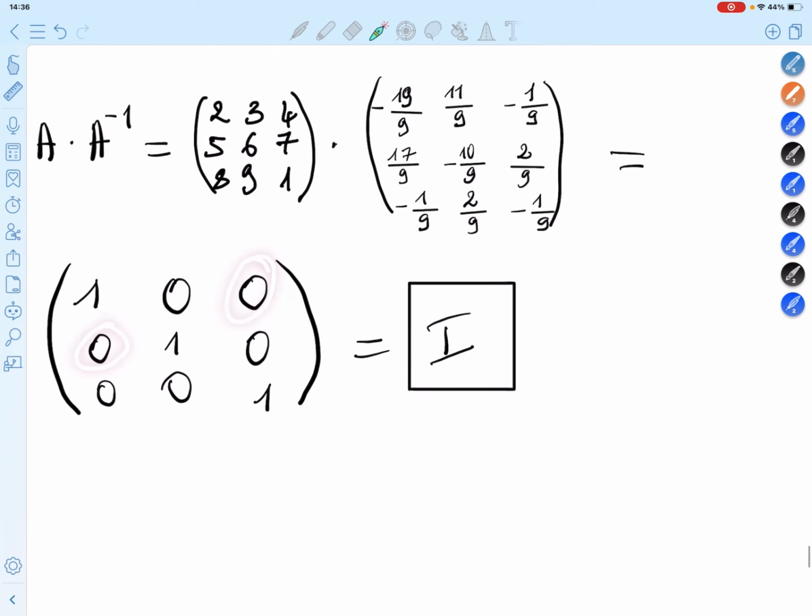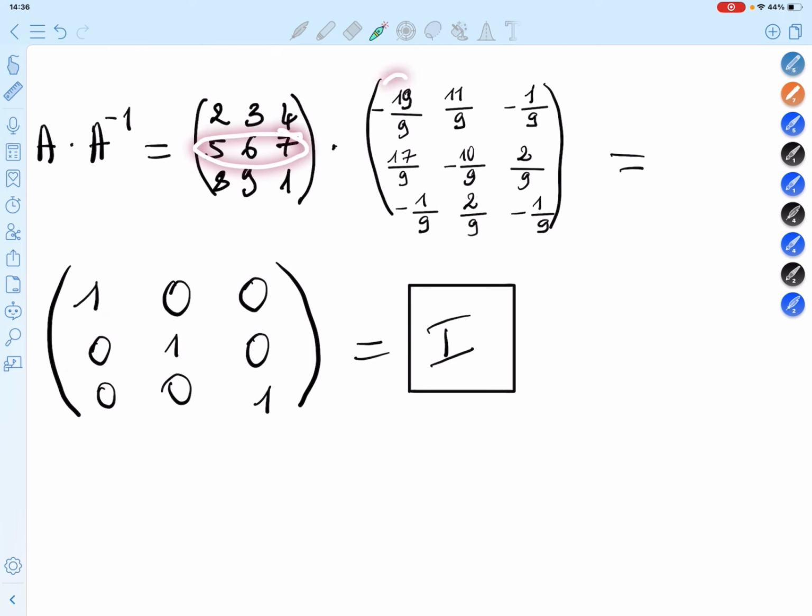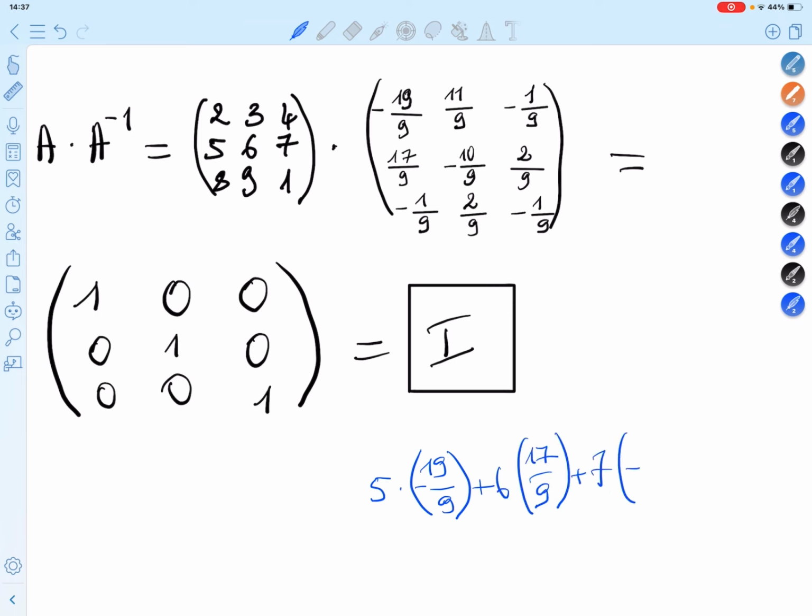Now here we would expect 0 as well. So we do this and this, which is 5 times minus 19 over 9. Then plus 6 times 17 over 9. Then plus 7 times minus 1 over 9.